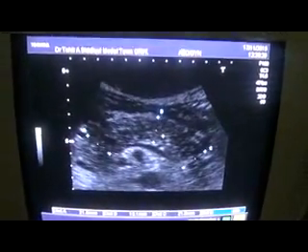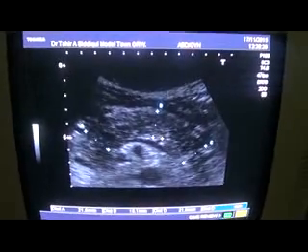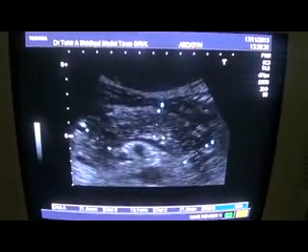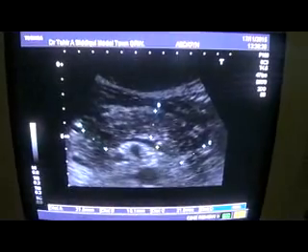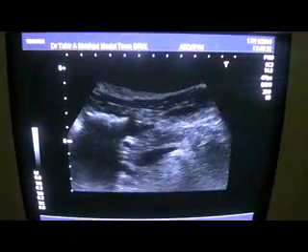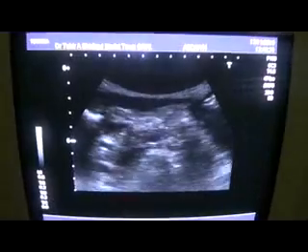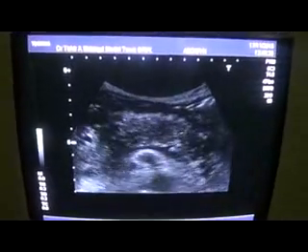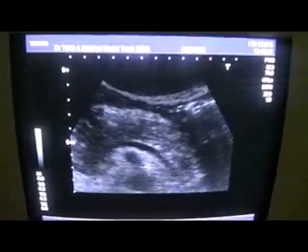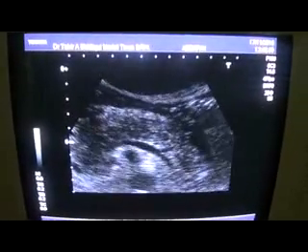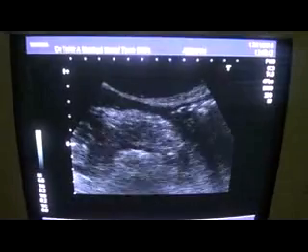This finding is, I think, reactive to the gallbladder pathology, because gallbladder pathology leads to such situations. However, if we consider the pancreas only, you can see small cystic areas within it.